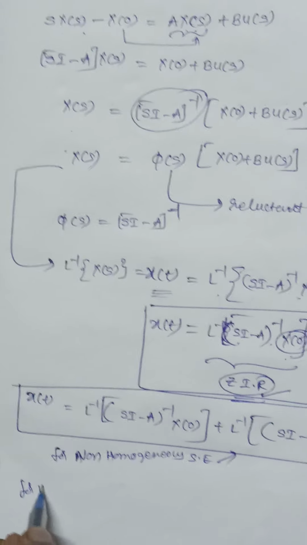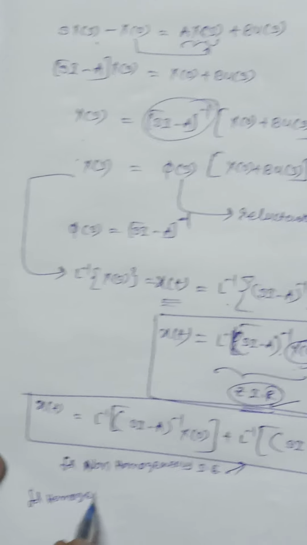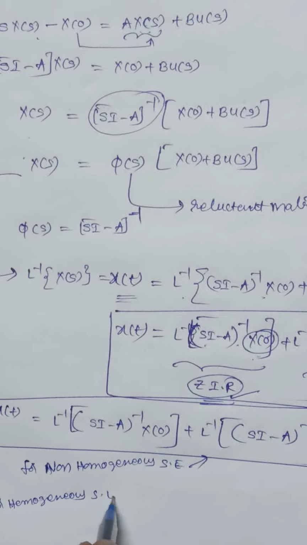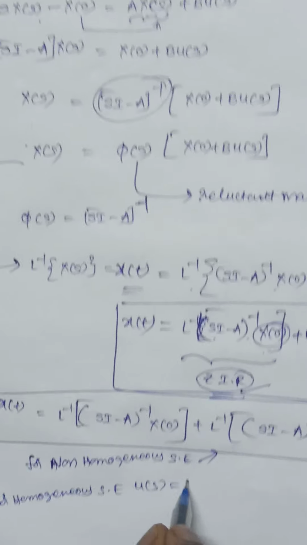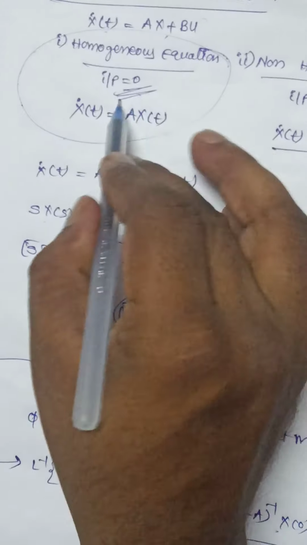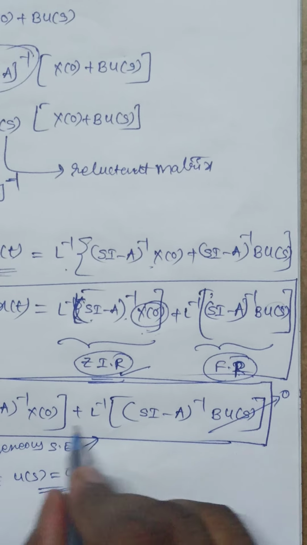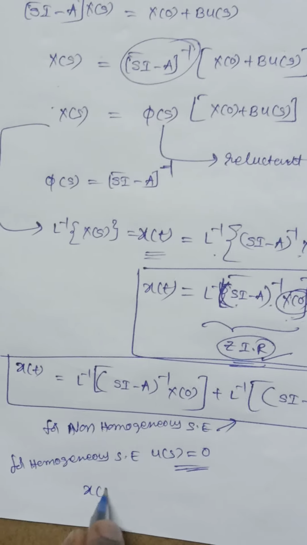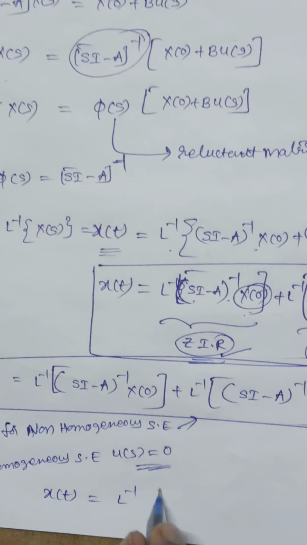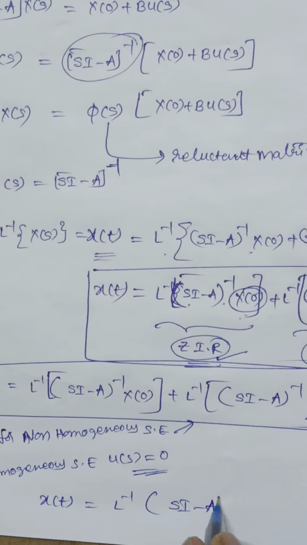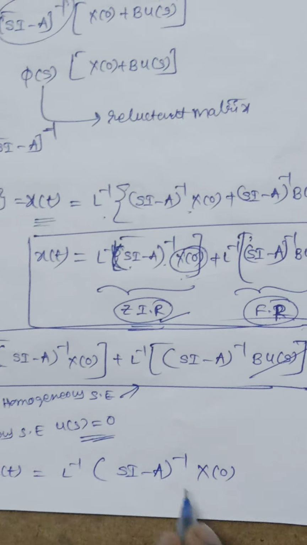For a homogeneous state equation, U of s is equal to 0. That means the input is 0 here. If I substitute U of s equal to 0, this total term will become 0, so that the response x of t is equal to L inverse of (sI minus A) whole to the power of minus 1 into x of 0.